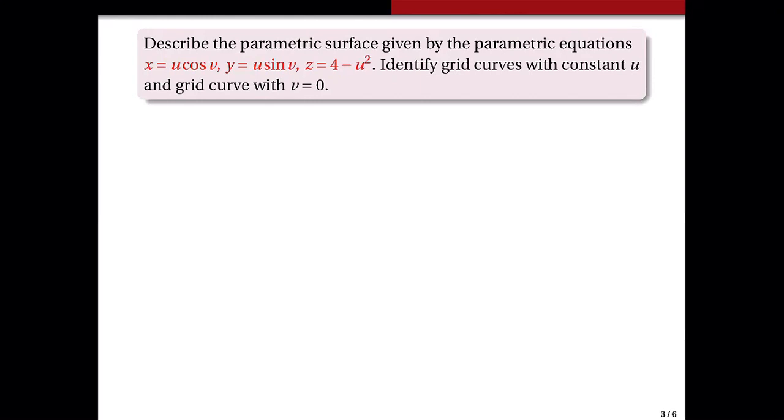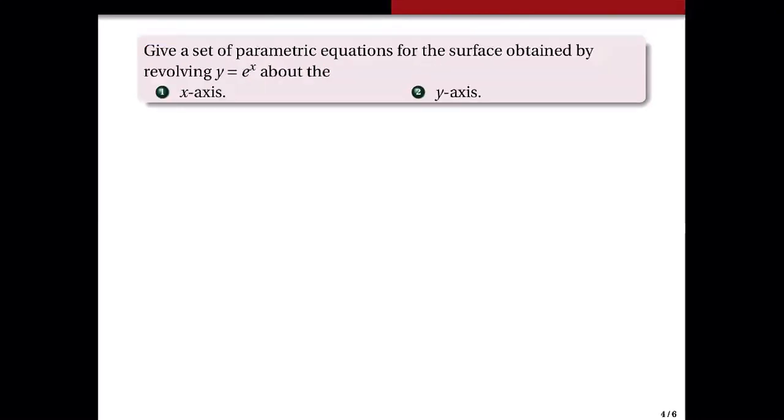And then for the third problem, we had construction of surfaces of revolution. Of course, you can write a set of parametric equations. So you are asked to give a set of parametric equations.